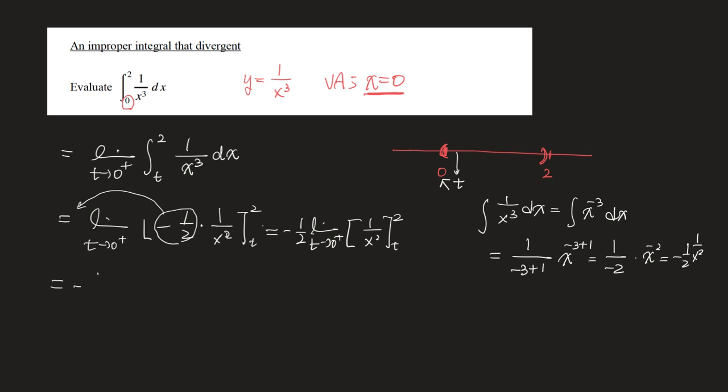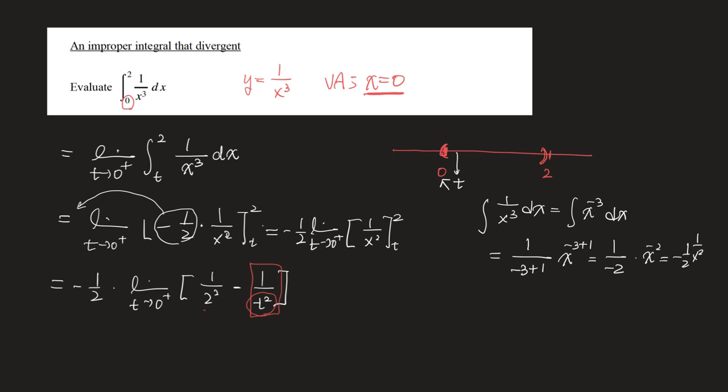Let's plug in the 2 first. The limit as t approaches 0 positive of 1 over 2 squared minus 1 over t squared. Now as t approaches 0 from the positive side, the denominator goes to 0, meaning the whole thing goes to infinity.